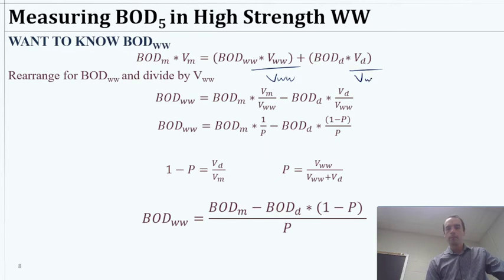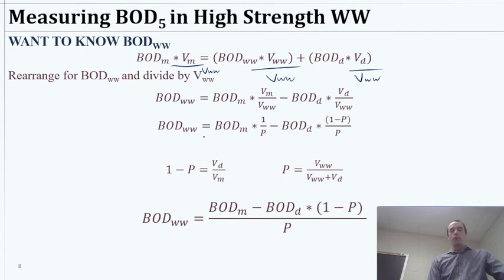Clean that up. And we're also going to divide this by the volume of the wastewater. Okay, so that puts us here. We also subtract BOD of the dilution from both sides. So BOD of the wastewater is going to be the BOD of the mixture times the volume of the mixture divided by the volume of the wastewater, minus the BOD of the dilution water times dilution volume divided by the wastewater volume.